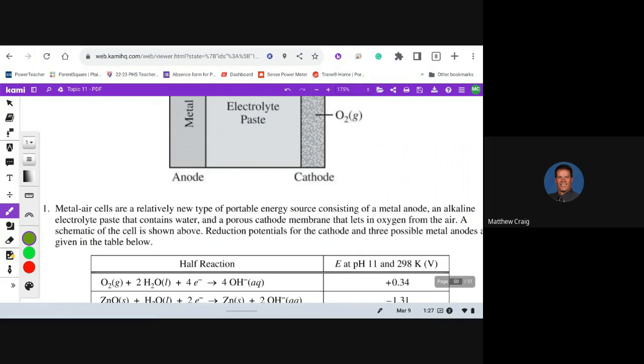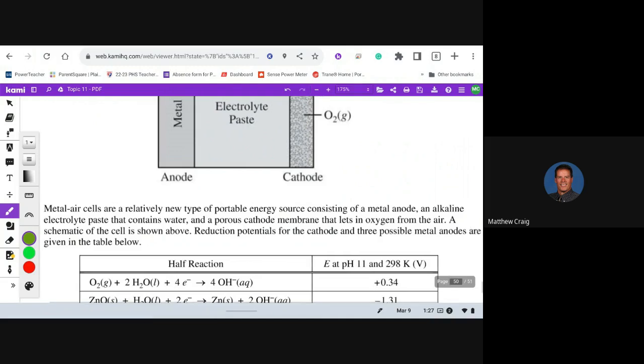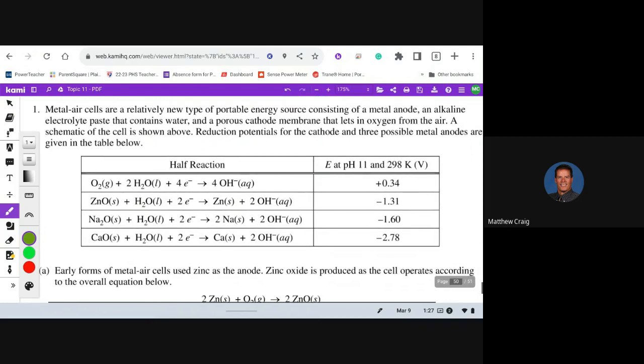Reduction potentials for the cathode and 3 possible anodes are given in the table below. So we're given some information. And what's interesting is some of those reactions do not appear on our standard reduction potential sheet. So again, if they're giving you something, might be useful. We don't know. Okay.